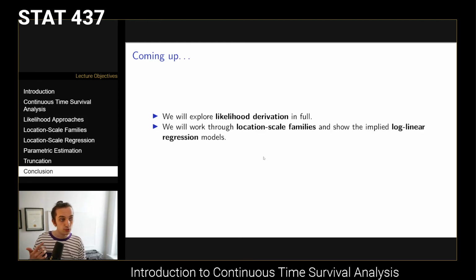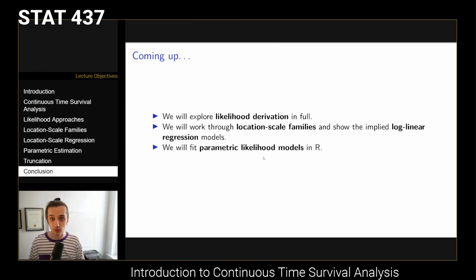We're also going to walk through some location scale families and show the implied log linear regression models that I've been talking about. So we'll see the exponential, and we'll see how that comes out, and we're going to be working with those regression models as well. And then we'll also do some actual model fitting of these likelihood models in R.